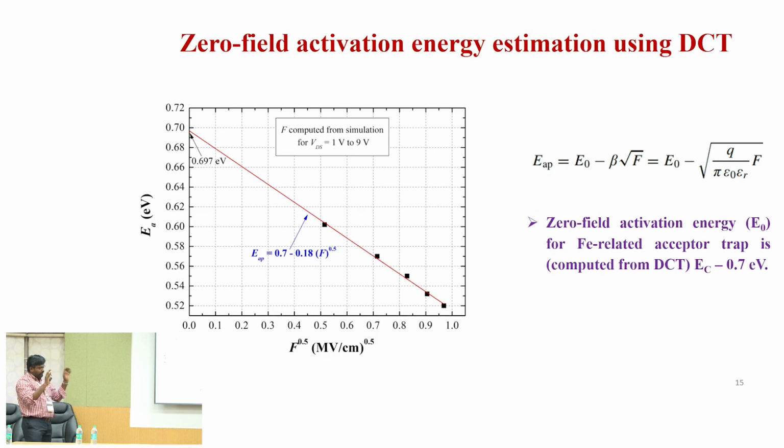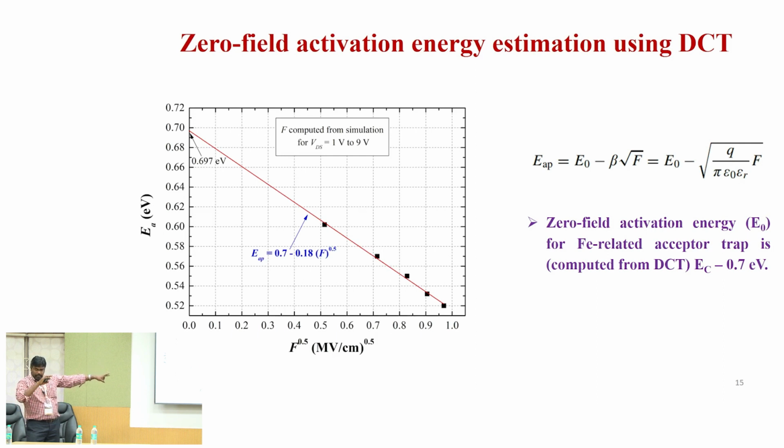We have done the DCT measurements at different drain voltage conditions and repeated them for different temperatures, so ultimately you get the apparent activation energy for different drain voltages. We extracted the peak electric field profile along the buffer layer.